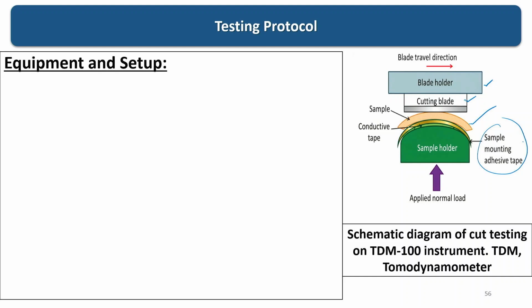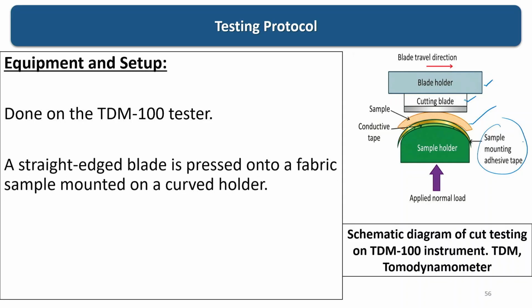This is the schematic diagram of TDM, done on the TDM 100 tester. A straight edge blade is pressed on the fabric sample holder by a certain load.